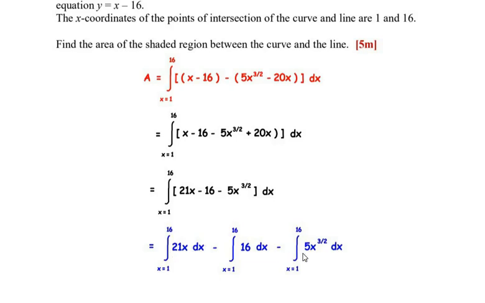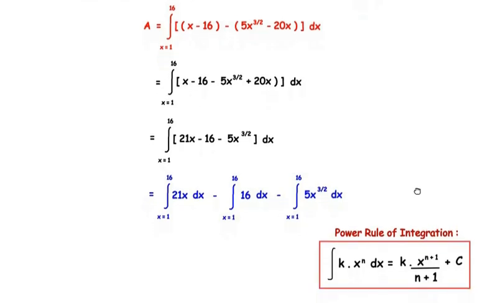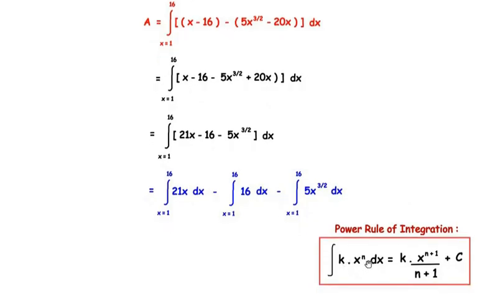Now to integrate each term, we are going to make use of power rule of integration, which is integration of k times x to the power of n dx. Now k is a constant and n is a power of x. So when we are integrating these kind of terms, we get it as the constant times x to the power of, now the power of x increases by 1, giving us n plus 1 over n plus 1.